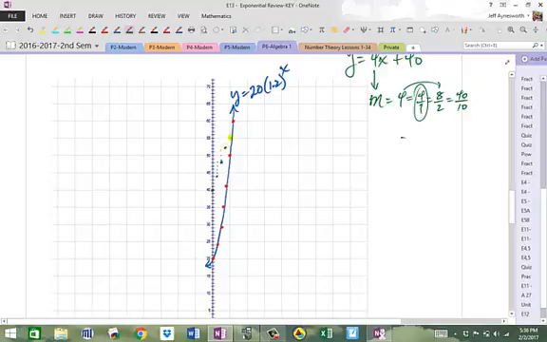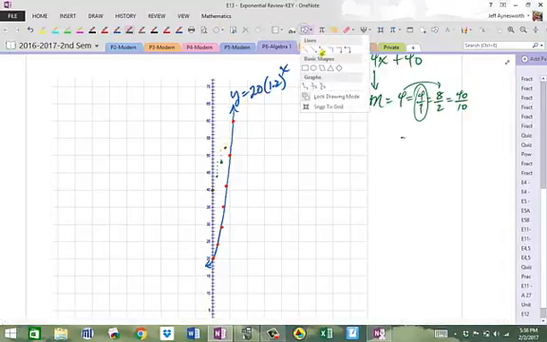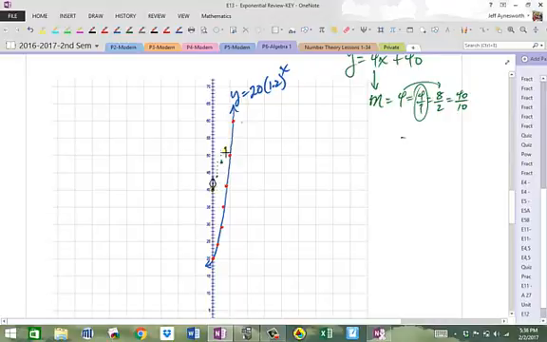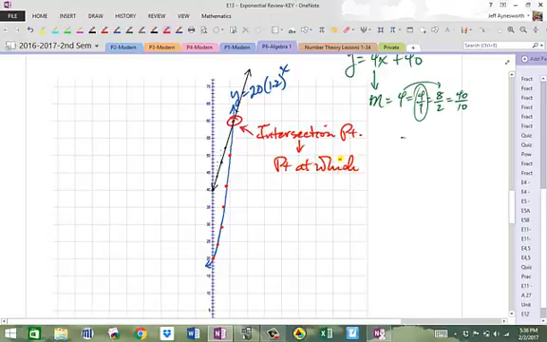Okay, and you can see what's happening here. It's going to intersect up here. Okay, so it looks like my intersection point is right around here. So that's the time that their savings plans are equal, the point at which the savings plans are equal.